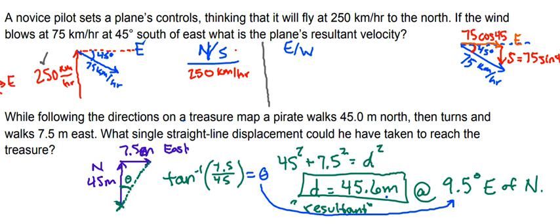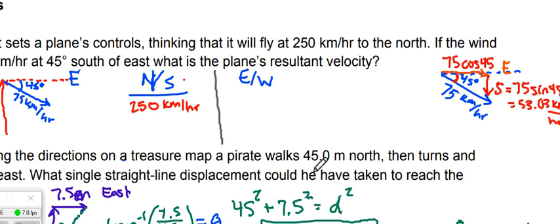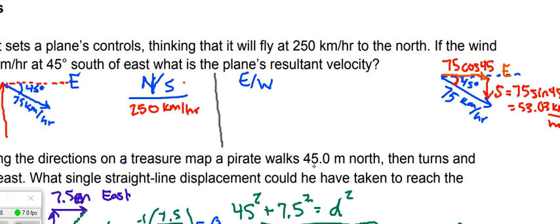So 75 sine 45 should get you 53.03 kilometers per hour. Am I running out of space there? Yep. Oops. Okay. You can almost see it there.